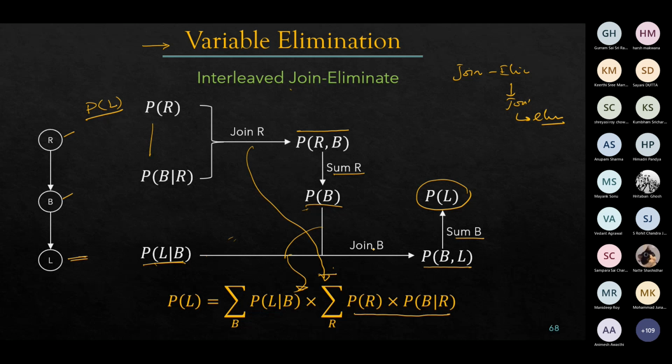And finally, we perform a sum out operation on B. So you can see that the order of computation that we are doing has a one-to-one association with the kind of factorization and variable ordering that we have talked about earlier.